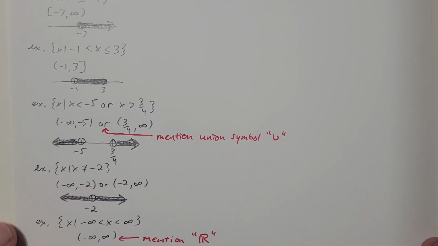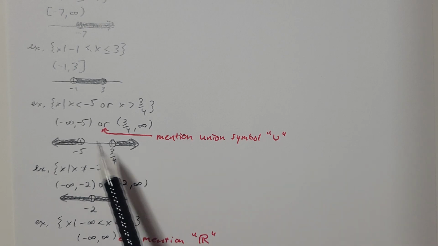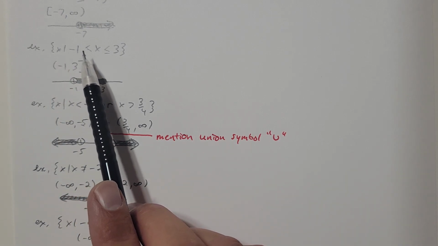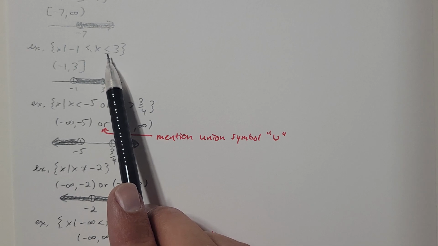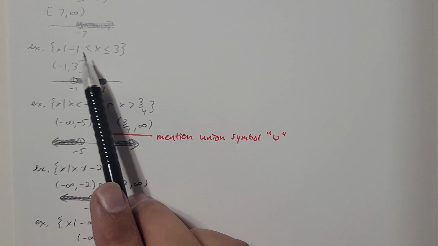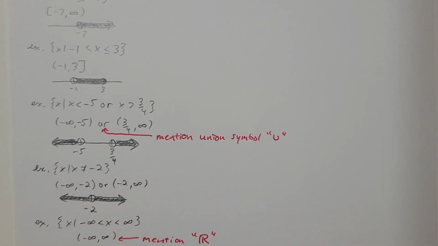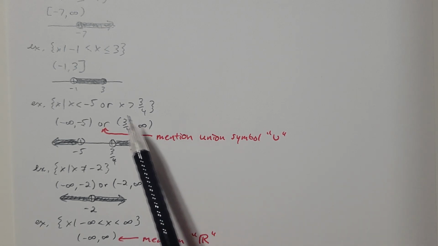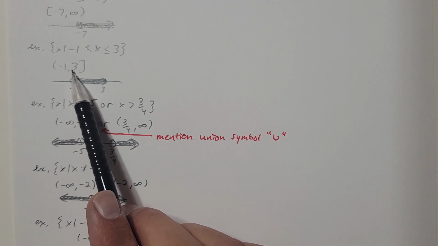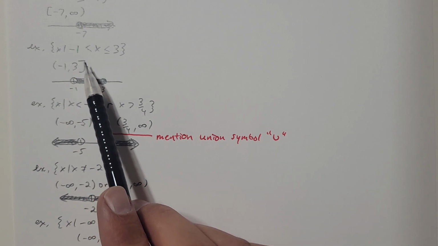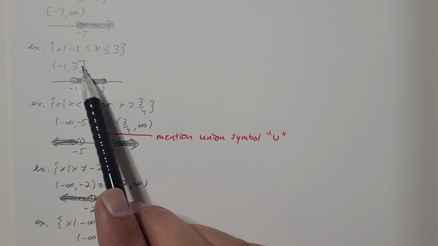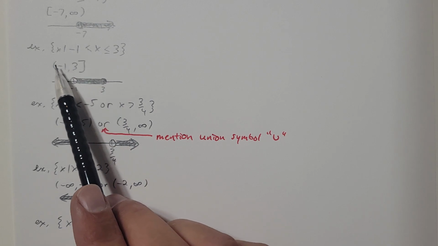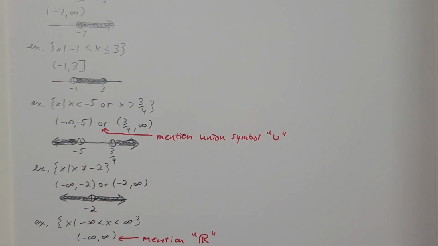Okay, here's another example. What if we had the set containing the numbers x such that x is a number between -1 and 3, including 3. You're not including -1, but you're including 3. Well, as an interval, I'd write down -1 to 3 and have a bracket by 3 because I'm including 3. I'm not including -1, so I want a parentheses by the -1.